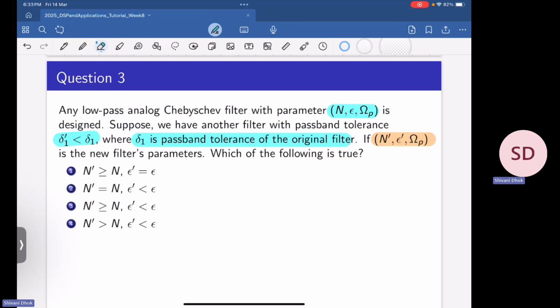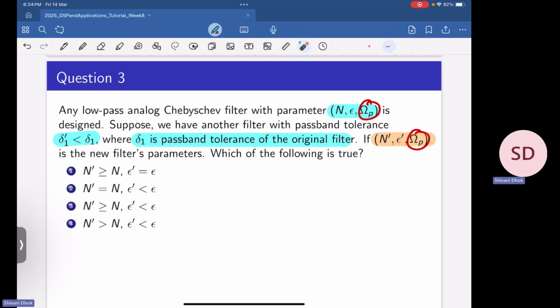Now if you observe carefully, the passband edge for both of these filters is the same. What is changing? The order is changing and the epsilon is changing. So our original filter had three parameters, n, epsilon, omega p, with a passband tolerance of delta 1. Now we changed its passband tolerance to delta 1 prime, which is a smaller value compared to delta 1.